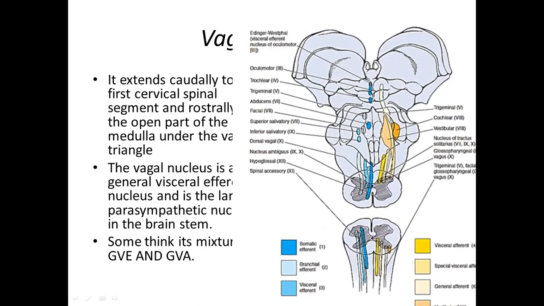The nucleus ambiguus corresponds to the special visceral efferent, and the dorsal motor nucleus of the vagus corresponds to the general visceral efferent column. This one is the hypoglossal nucleus, somatic efferent. This one is your dorsal nucleus of the vagus, belonging to general visceral efferent. And we have the nucleus ambiguus, which corresponds to the special visceral efferent.